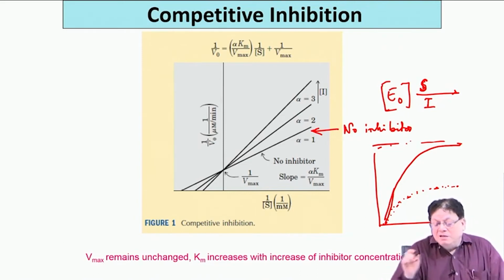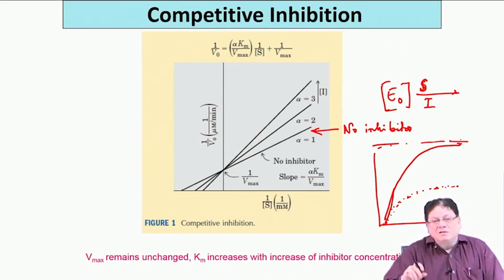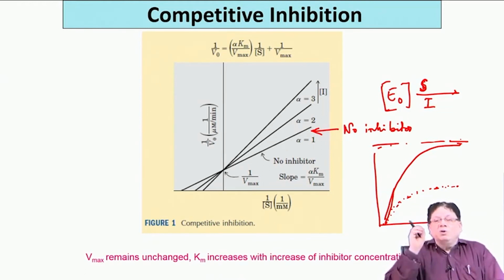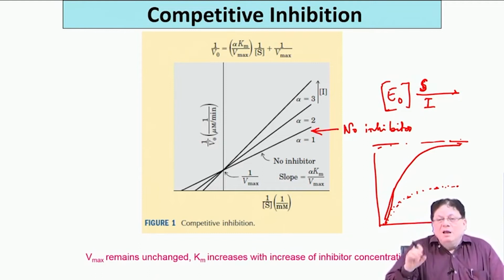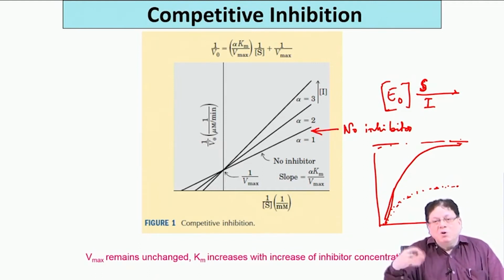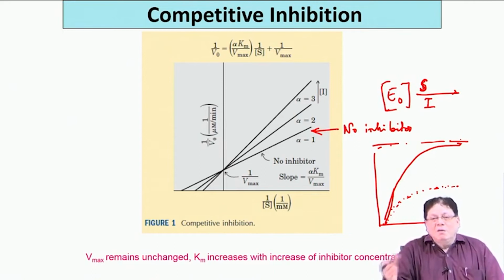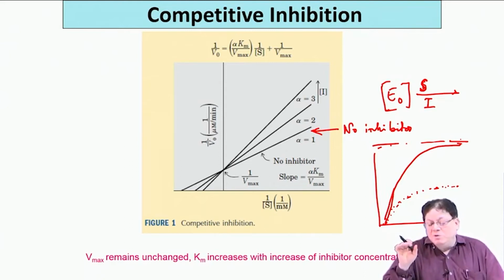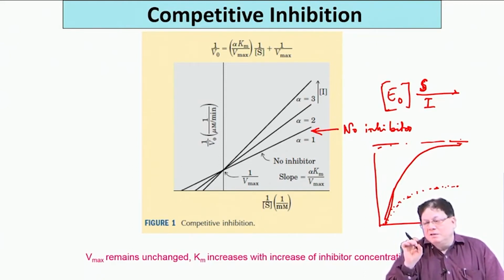This is important: the value of Vmax remains the same in a competitive inhibition. What changes is that, in presence of inhibitor, you need more concentration of the substrate, more substrate molecules, to reach the Vmax value. So the substrate concentration should be more in order to overcome the inhibition, but the value of Vmax remains the same.